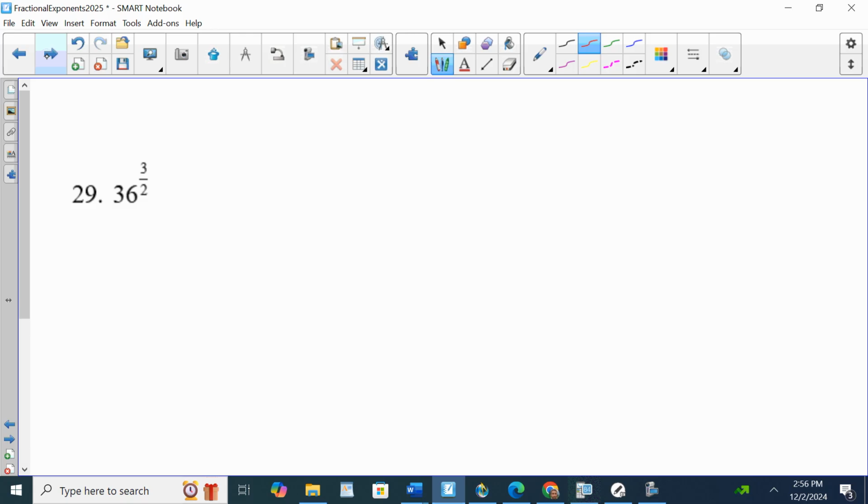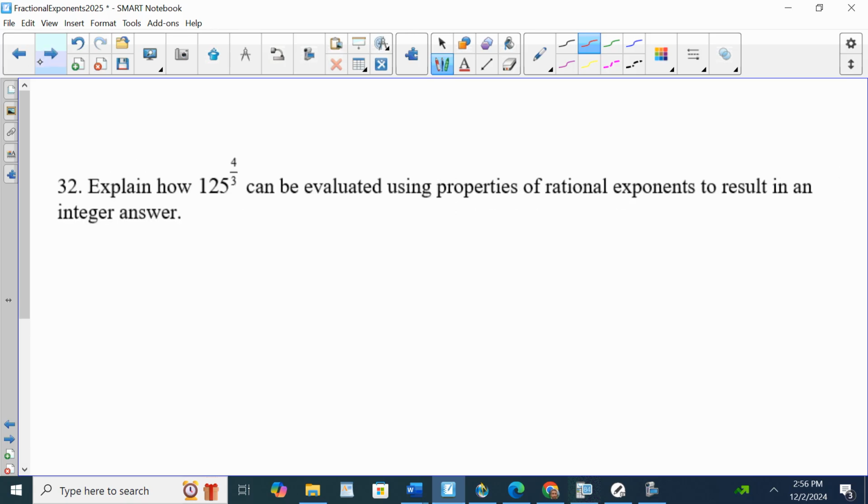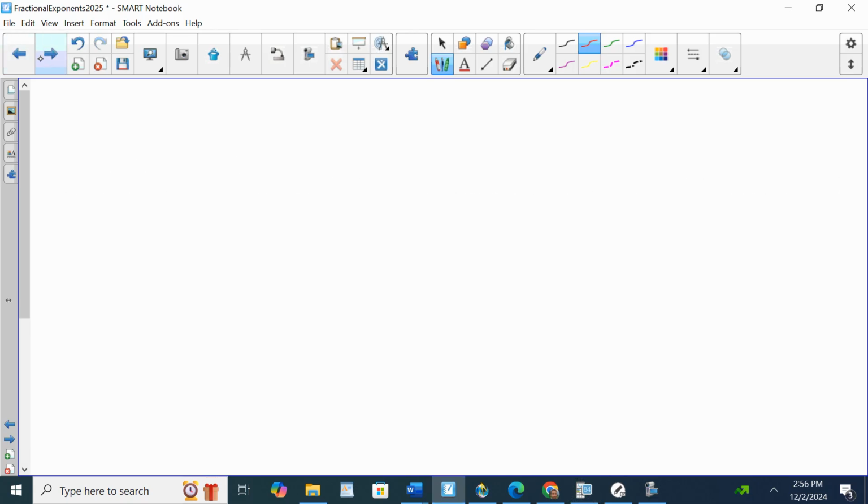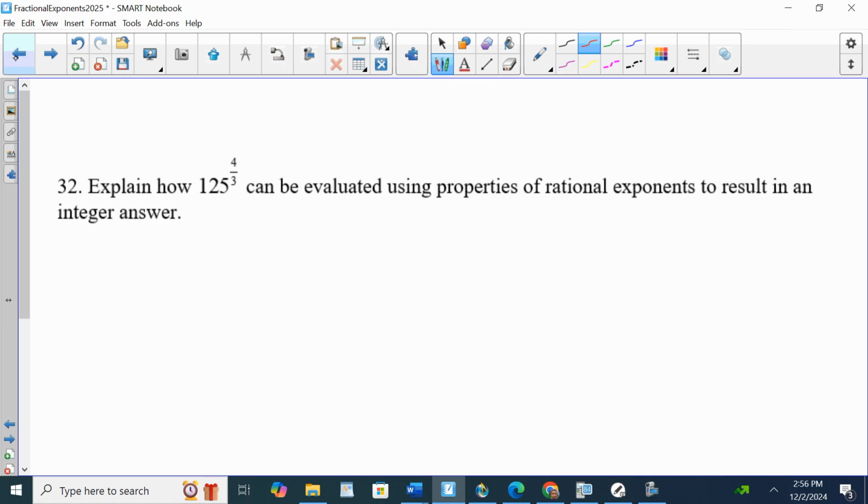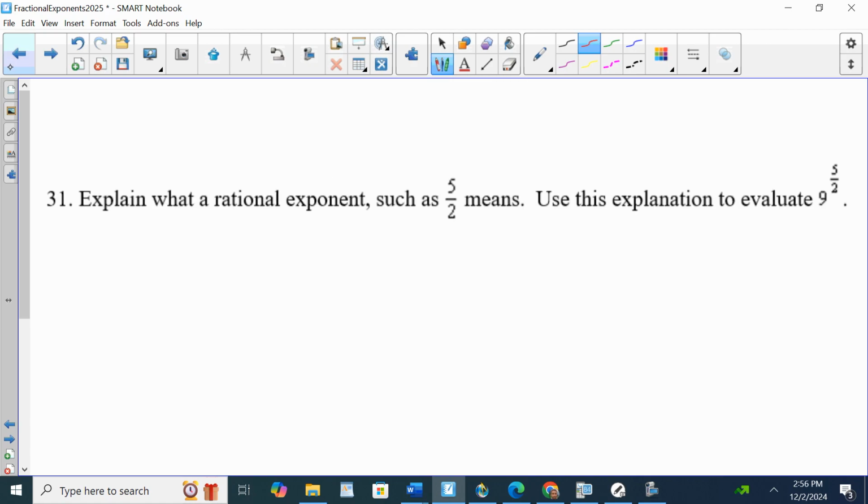Like numbers 31, 32, and 33. This is how I like to ask it on the regions sometimes. Explain what a rational exponent such as 5/2 means. Well, it's always the same answer, and it's all in our song.